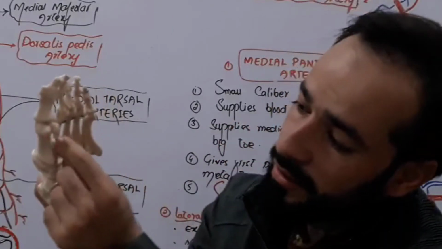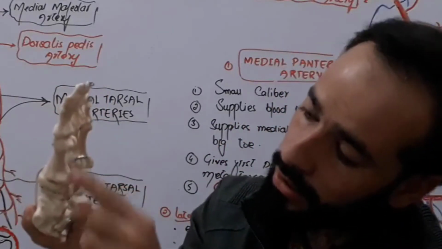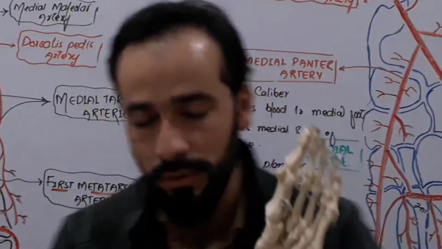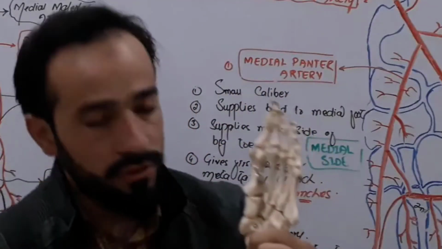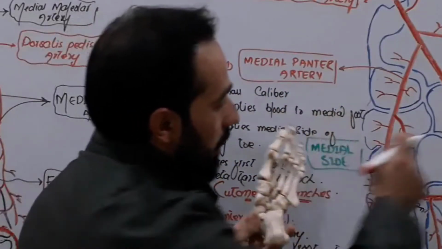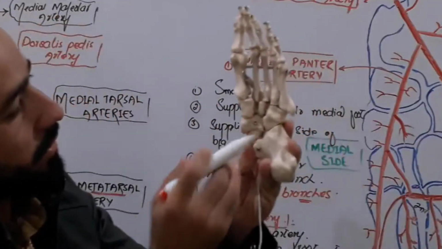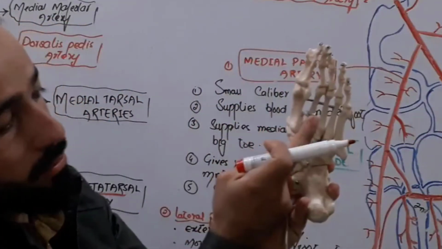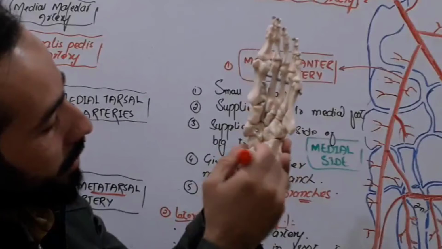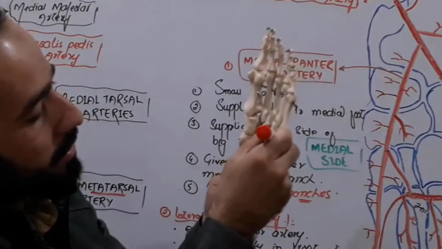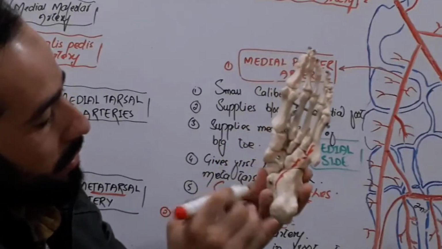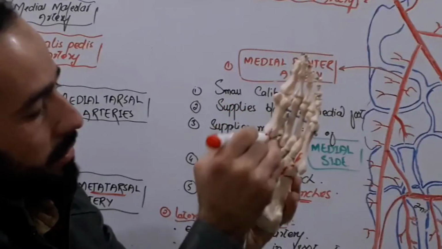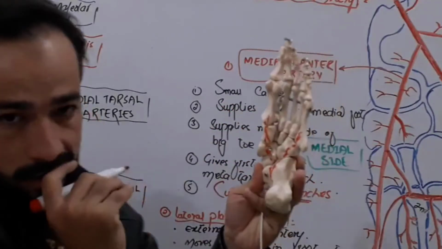Done. Then this branch unites with the arc given by what? Given by the lateral plantar artery. Look carefully, friends. Don't forget about this branch. Here is our lateral plantar artery, and this is our medial plantar artery.